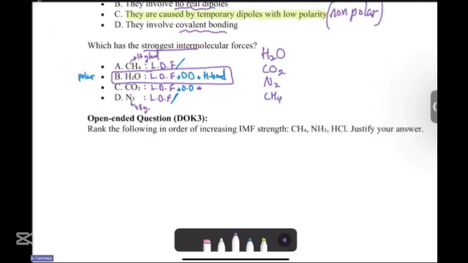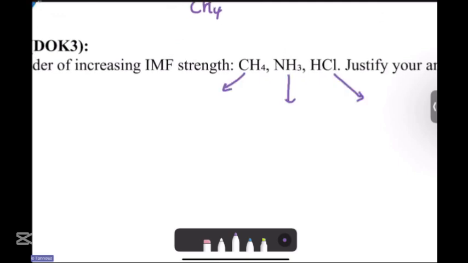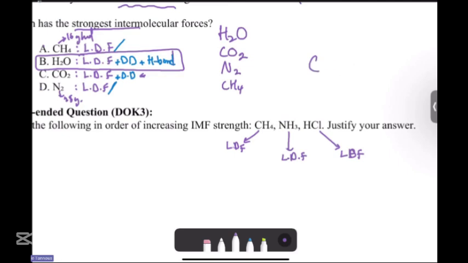So again, rank the following in increasing strength. Before you do any ranking, you just mention the intermolecular forces present in each one. London dispersion forces always. Now, C and H bonds are always non-polar, so that's finished for CH4.